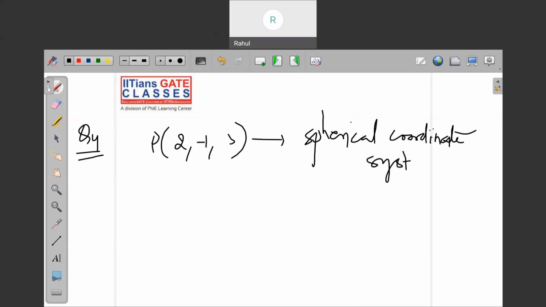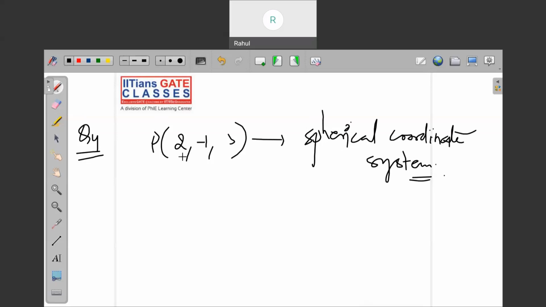We'll take up in the next class a few problems which have recently been asked in the GATE examination from these concepts, combining the knowledge we are getting from this session.